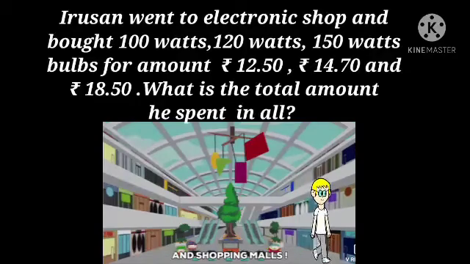Irusen went to an electronic shop and bought 100 watt, 120 watt, and 150 watt bulbs for rupees 12 50 paise, rupees 14 70 paise, and 18 rupees 50 paise. What is the total amount he spent in all? So children, here total means that we have to add.